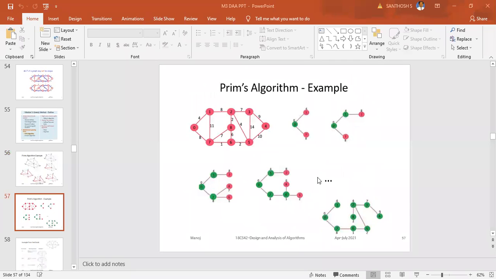So take this next example. This is the next example we have taken. Can you tell which is the source node and which is the destination node?